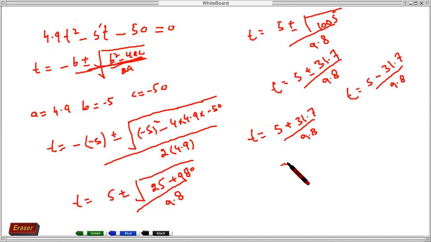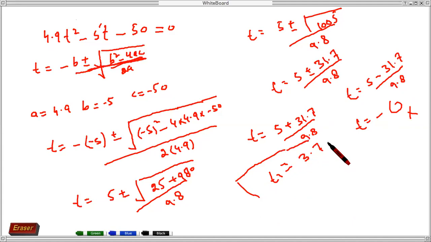If you add 31.7 with 5 and divide by 9.8, this will be 3.7. Time number one. And the second one will be negative, but time is always positive, so we take time equal to 3.7 seconds. Clear? Yes, sir. Okay, quadratic formula, but you can solve with factorization and completing the square as well.